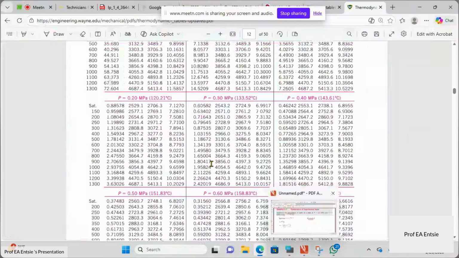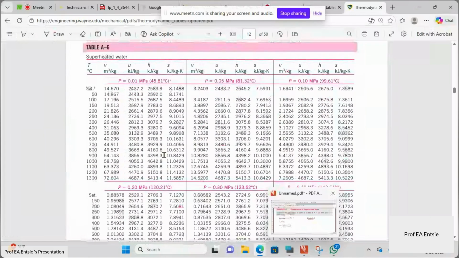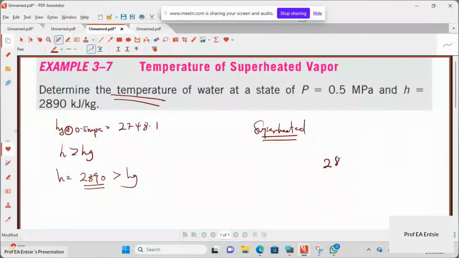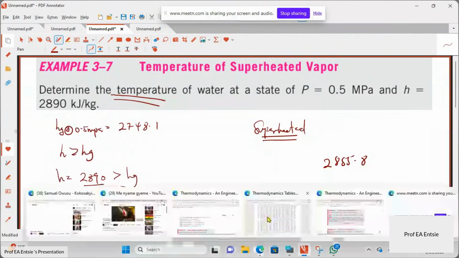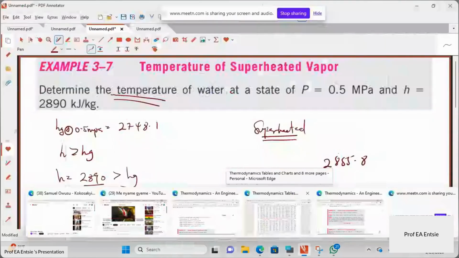The H enthalpy column for 0.5, it will be this. And 2890 lies between 2855.8 and 2961.0, and here is our 2890.